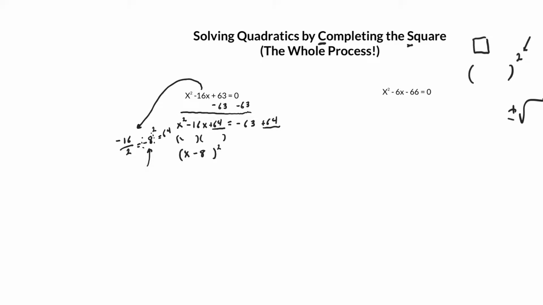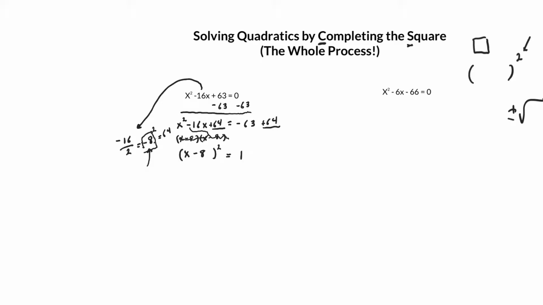Right? And tell me what two numbers multiply to 64 and add to negative 16. You could do the two negatives. But again, I know it's always going to be the same number. And I always know it's going to be my first step. So you really, once you get good at it, don't have to do that middle step. Okay? So x minus 8 squared equals, and then we'll put those two together. Looks like a nice easy one.